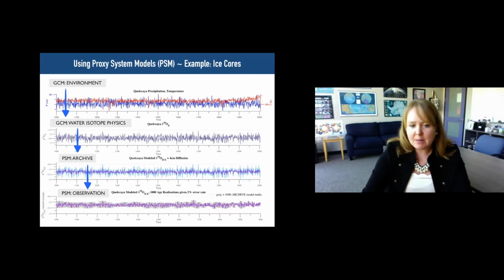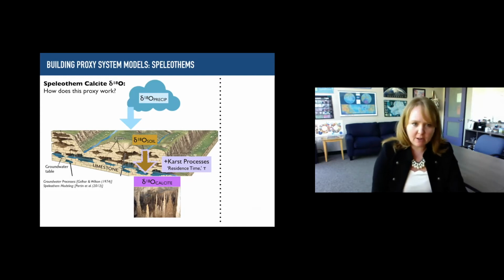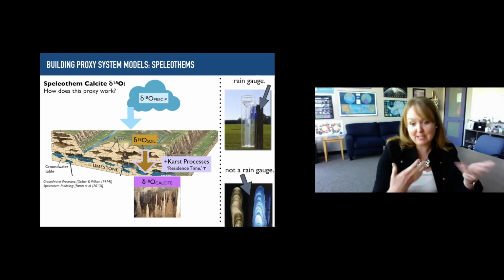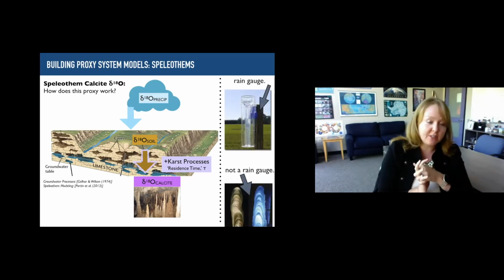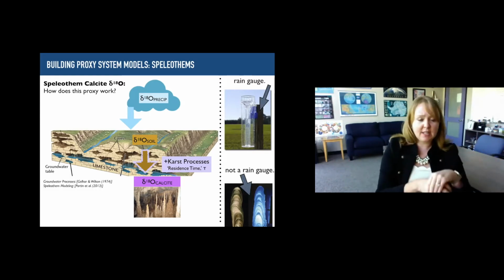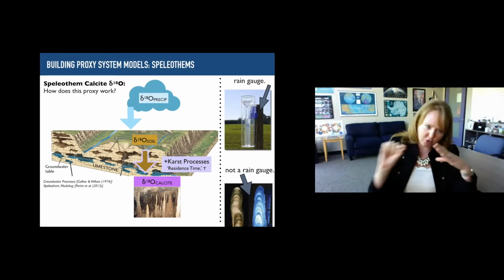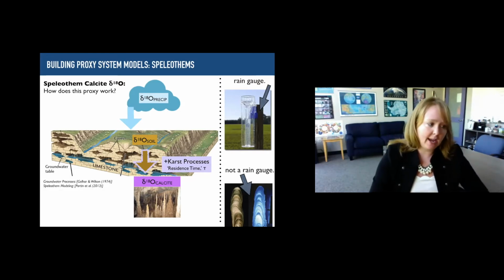There have been many proxy system models published for karst systems and for speleothem archives. Again, we have to check ourselves and remind ourselves that a speleothem is not a rain gauge, and there's many different things that happen to the oxygen isotopes and precipitation signal as it percolates into the karst and finally drips into a layer of speleothem calcite.